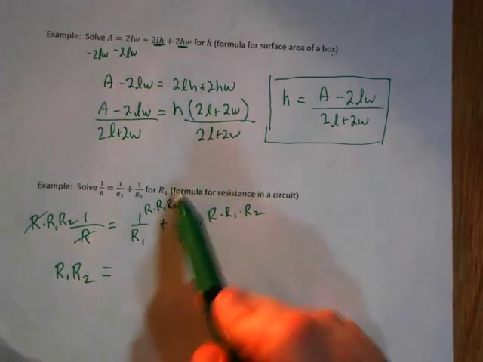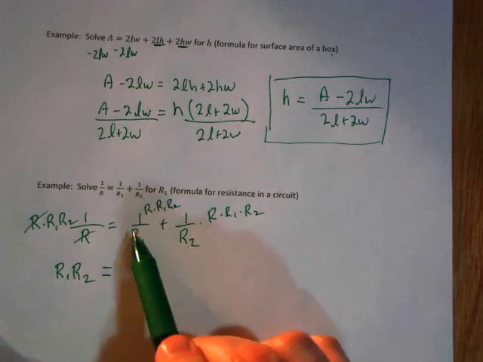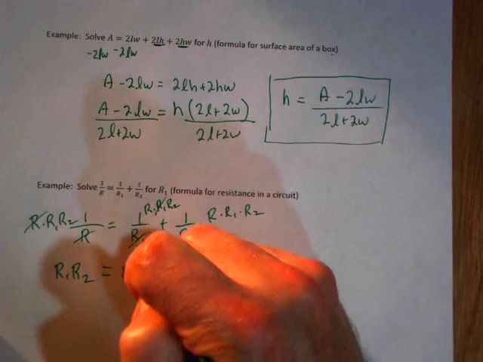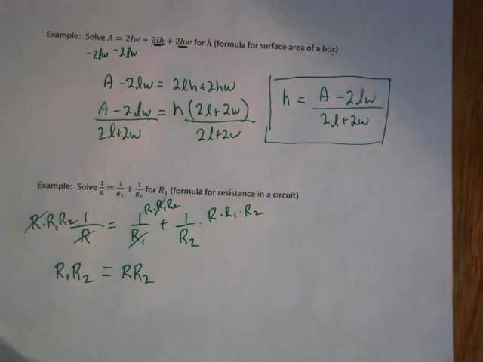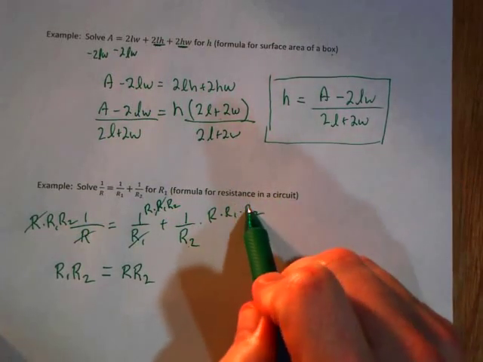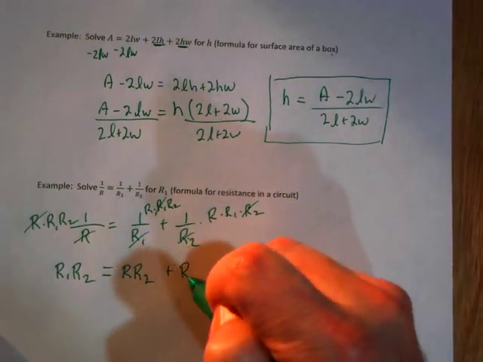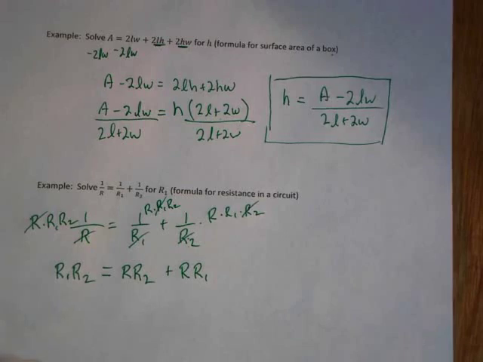Equals. Over here I have an R1 on top and an R1 on bottom. Those go away. I'm left with R, R2. And then finally this one, I have an R2 on top, an R2 on bottom. Those reduce out. I'm left with R, R1. So there's my first step. My first step to make things a lot easier is, let's get rid of all the fractions.